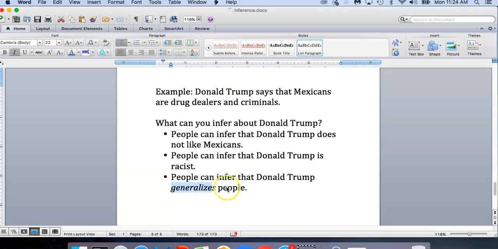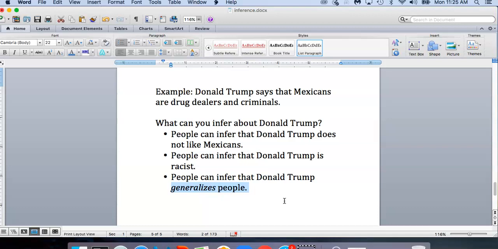So what does generalize mean? When he says that Mexicans are drug dealers and criminals, that's a generalization, because some Mexicans are drug dealers and criminals, but that's not everyone. That's just some Mexican people. And it's a generalization because he acts like it's only Mexicans who do this, which is not true, because in America, you also have drug dealers and criminals.